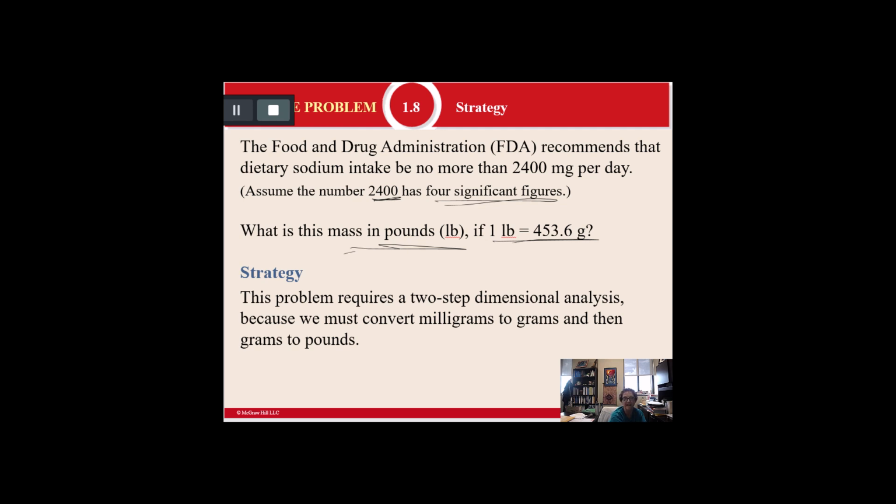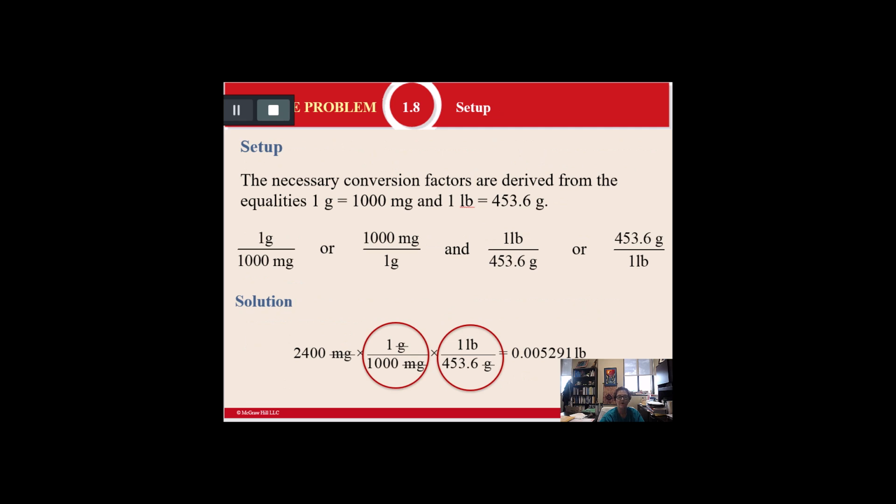In this case, we have a 2-step problem going on. In the first step, we are going to convert the 2,400 milligrams to grams, because my other conversion is grams to pounds. So I need to get milligrams to grams, and there are 1,000 milligrams in 1 gram.